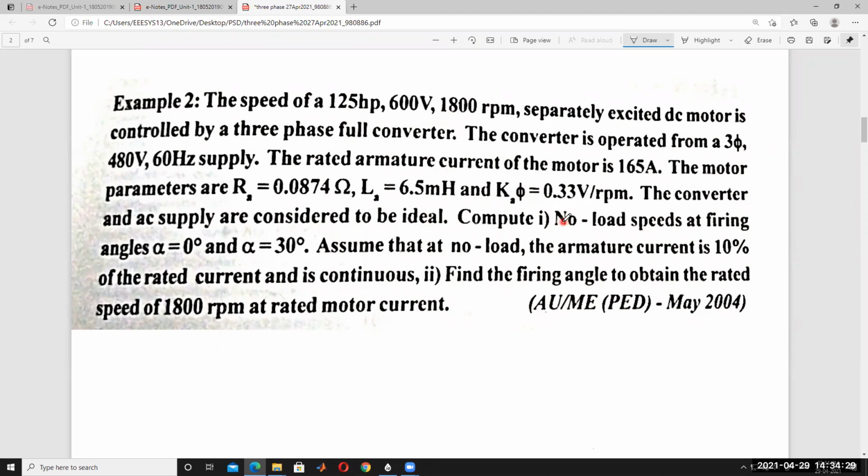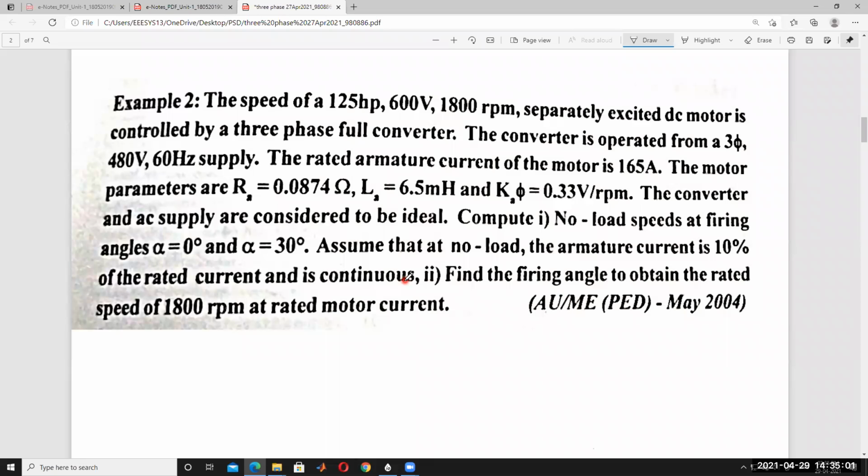Compute first, the no load speeds at firing angle alpha is equal to 0 degrees and alpha is equal to 30 degrees. Assume that at no load, the armature current is 10% of the rated current and continuous conduction.